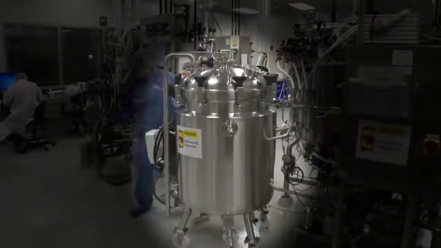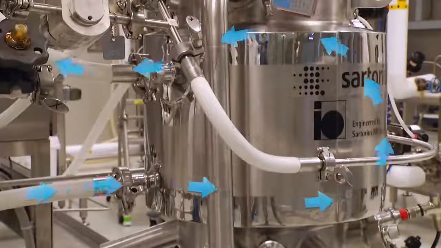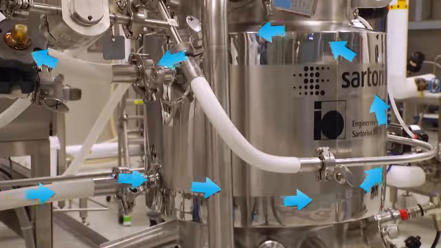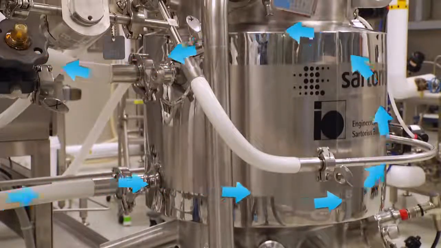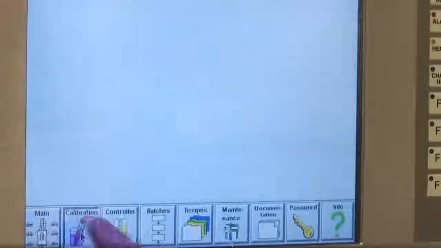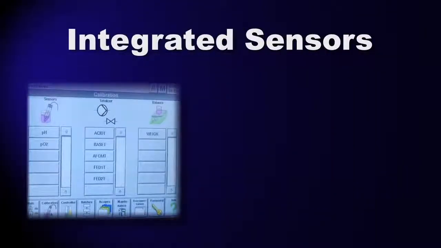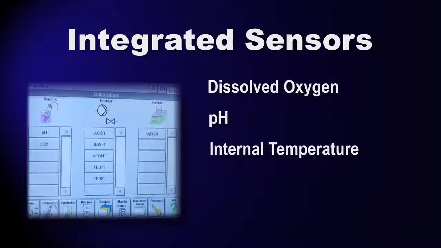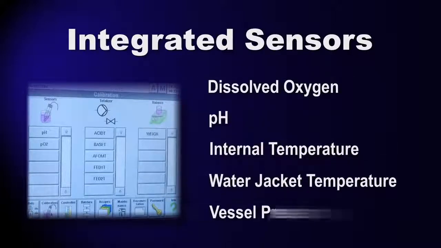our final product. The bioreactor is equipped with a water jacket around the vessel to regulate temperature, and integrated sensors to monitor key environmental factors, including dissolved oxygen, pH, internal temperature, water jacket temperature, and vessel pressure.